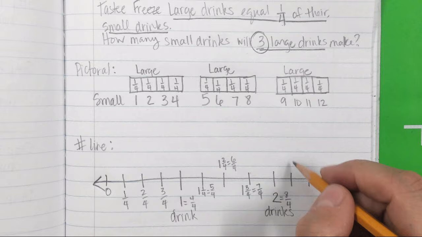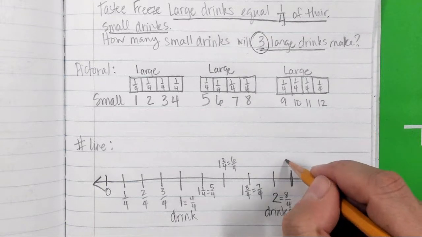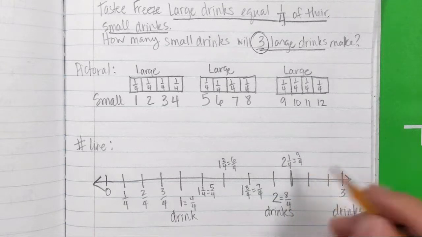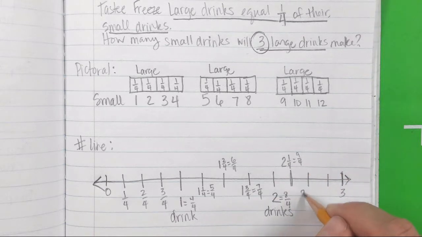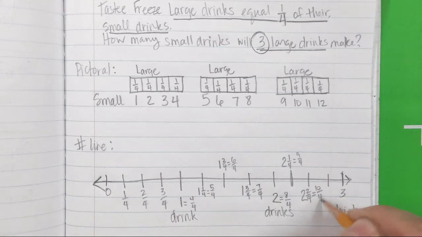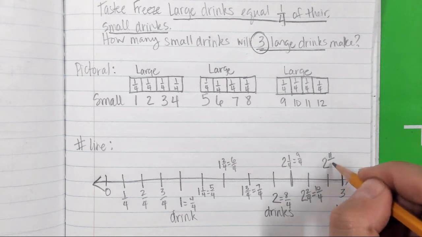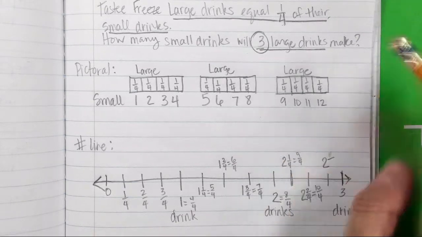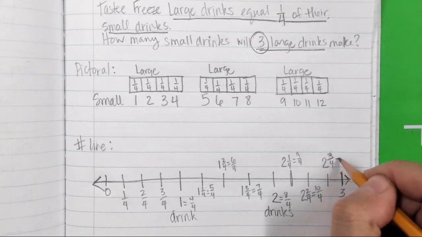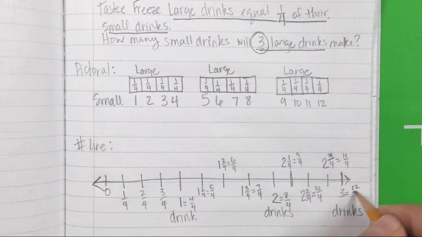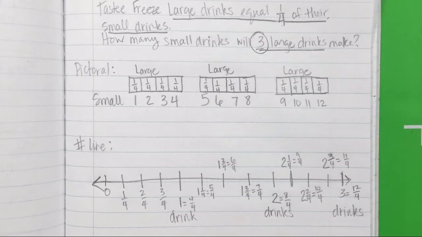Good job. And then we have 2 1/4, or 9/4. Good job. Then we have 2 2/4, or 10/4. Then we have 2 3/4, sorry, 3/4, or 11/4, right? And then again, 3 is going to be 12/4, right? So y'all remember all that?